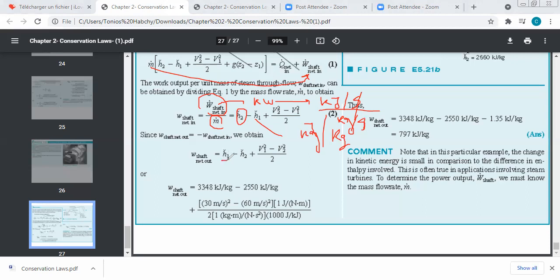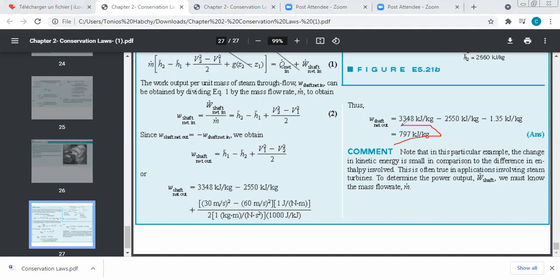I have the values of H1, H2, V1, V2. By numerical application, I will get the work output per unit mass, and my final unit will be in kilojoule per kilogram.